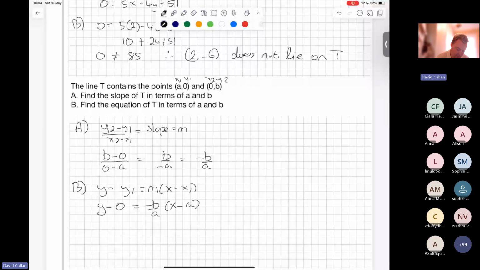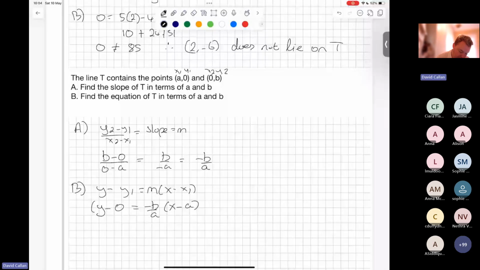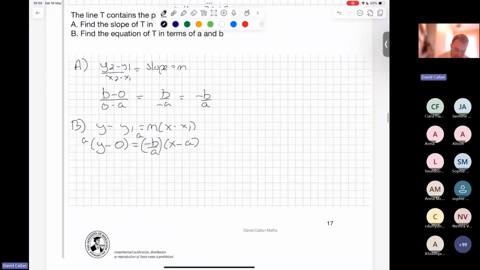Multiply both sides by a, so you get rid of your fraction. That's lovely. So I have a times y is ay, and a times 0 is just nothing, so I'm going to leave that blank. Equals. Multiply and divide by a, so nothing happens. You get minus bx, and then plus ab.